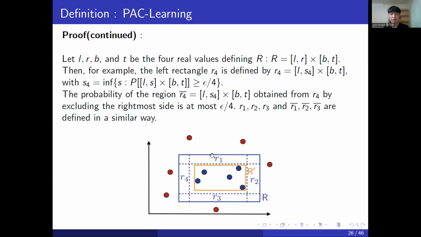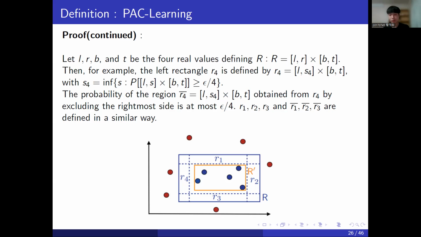Then, for example, the left rectangle R4 is defined by [l, s4] times [b, t], with s4 the infimum of s such that the probability of [l, s] times [b, t] is at least epsilon over 4. You may not be familiar with the infimum if you have not taken an analysis course. Infimum is the greatest lower bound. It is similar to the minimum element, but it is quite different.